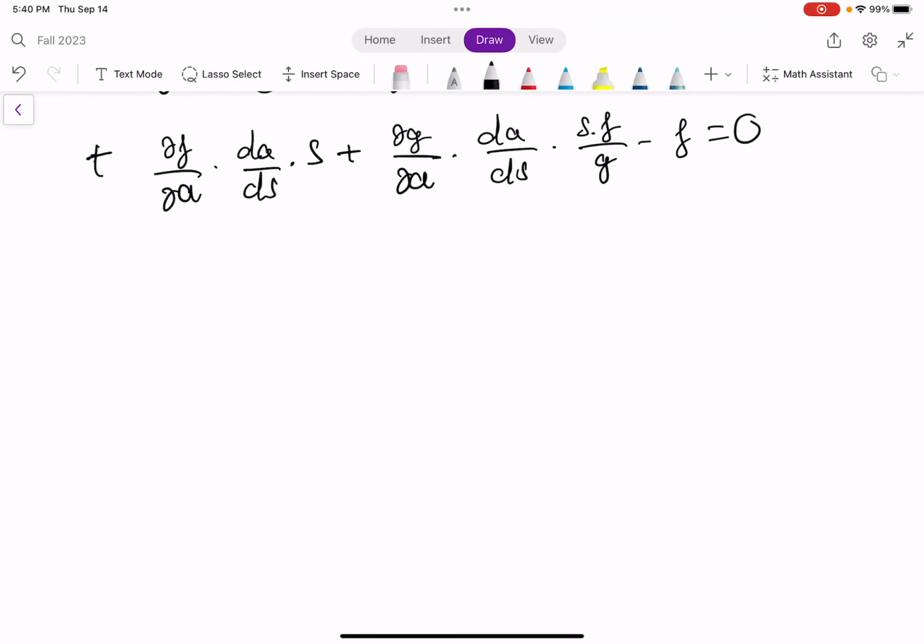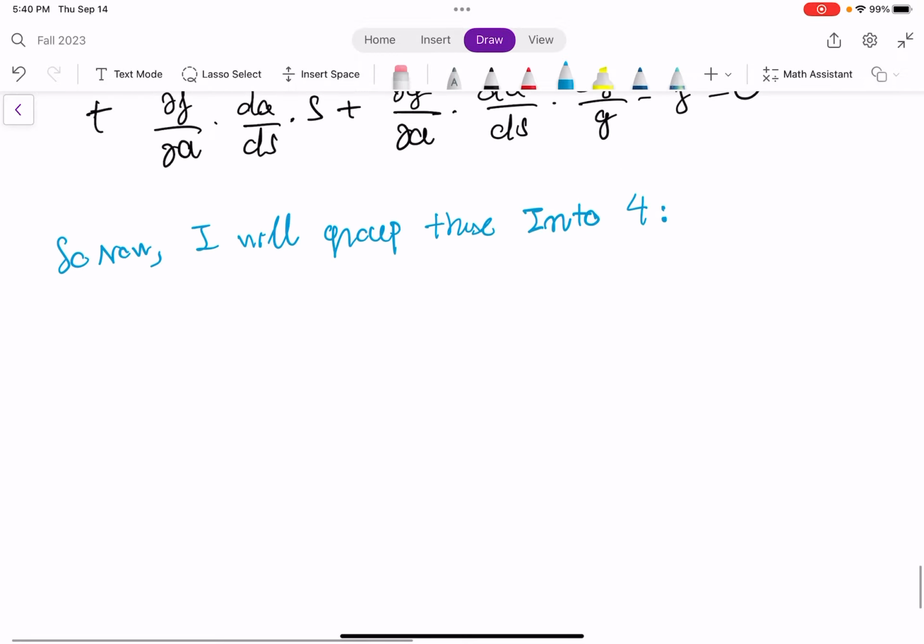I will group these into four groups, and I will group coefficients.